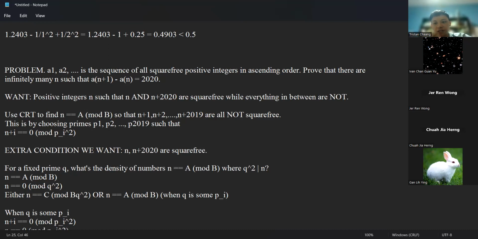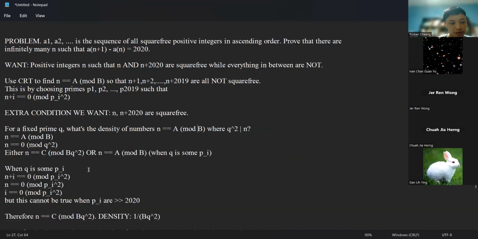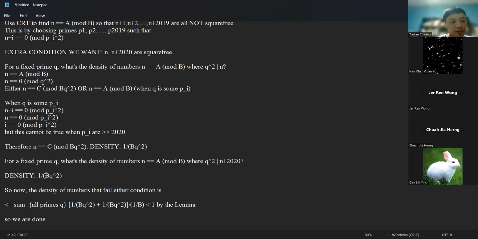So what we do is we fix a prime Q and we see how likely it is for Q squared to divide some number n in this list, n equals a mod b. And apparently the density would be 1 over BQ squared if you choose the PIs correctly. But we just have to make sure they are more than 2020. And same thing for this condition, it is also 1 over BQ squared.